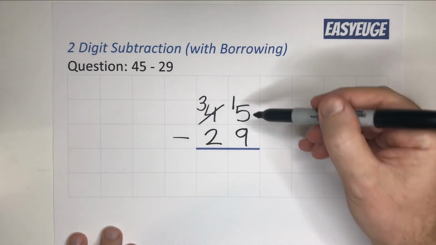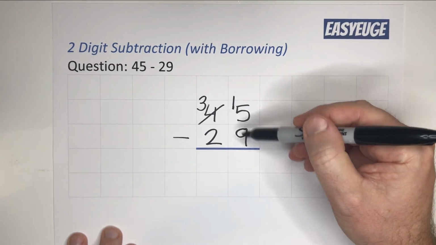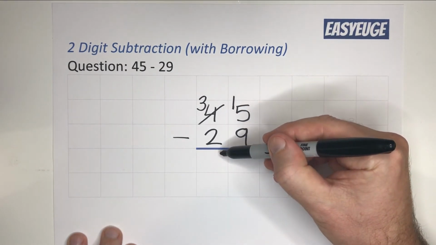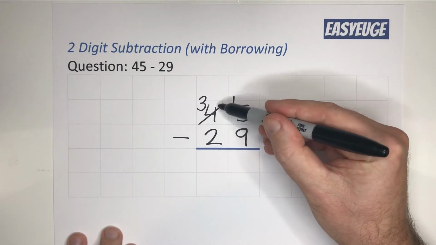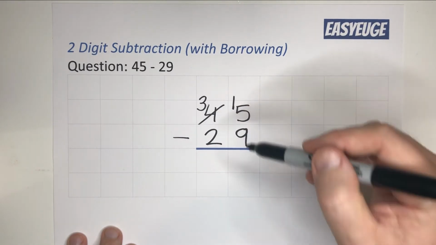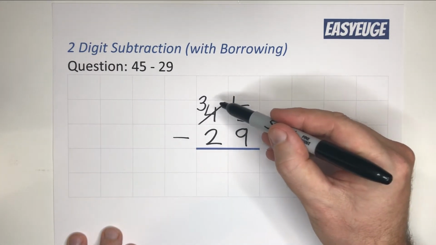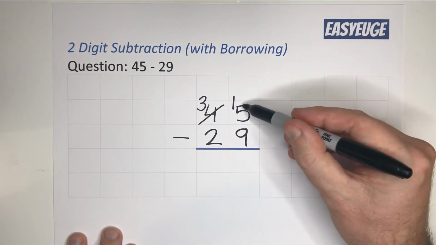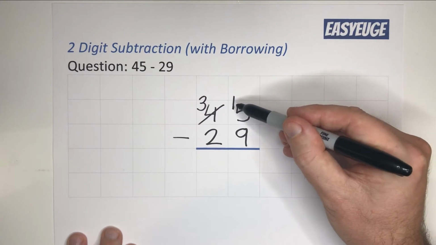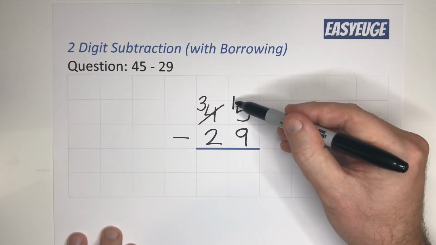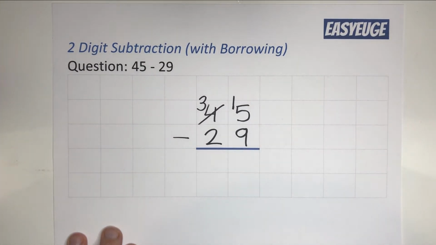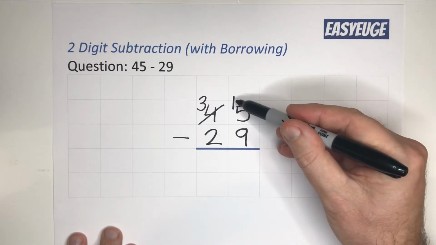Now remember that this was the units column and this was the tens column. So when I take a 1 away from the 4, it's actually a 10. So that 1 that I brought over here turns 5 into 10 plus 5. It's 15 now. So that 5 is a 15.